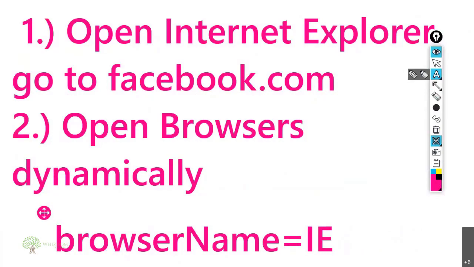Then according to the value of this variable, the browser would open accordingly. Okay, so these are the two things that I want you guys to do. Practice this yourself, and we'll be discussing these things in the next lecture. Any query, guys?